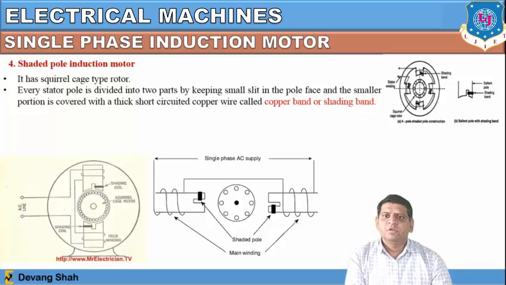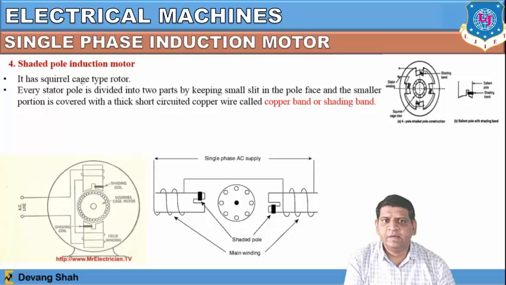Every stator pole is divided into two parts by keeping a small slit in the pole face, and the smaller portion is covered with a short circuited copper wire called the copper band or a shading band. This black part, as per this arrow, is defined as a copper band or shading band.